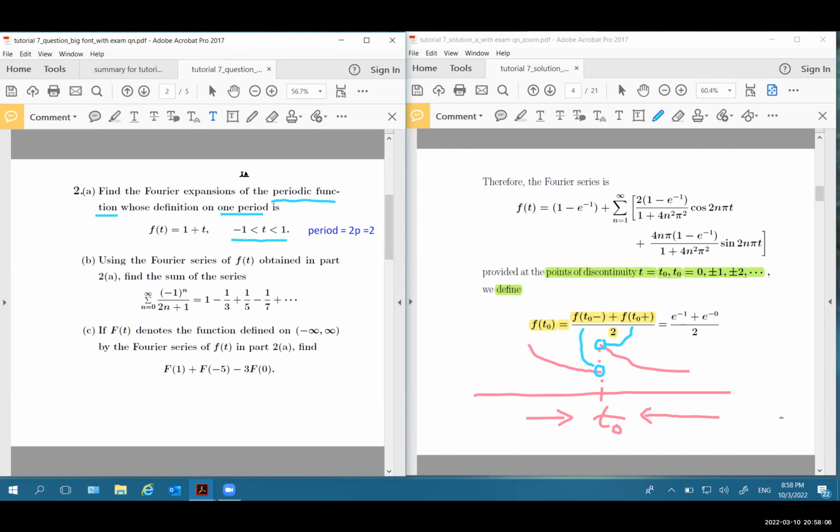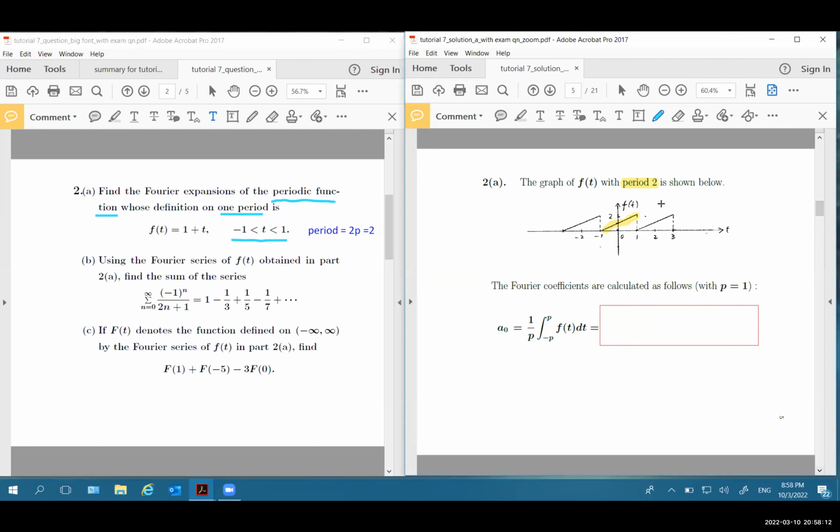All right, so that's the first thing. So let's go and find this Fourier expansion. Once again, we want to draw the graph of this, right? Because we want to see whether there are points of discontinuity or not. So I draw from minus 1 to 1. Everyone can see here, right?